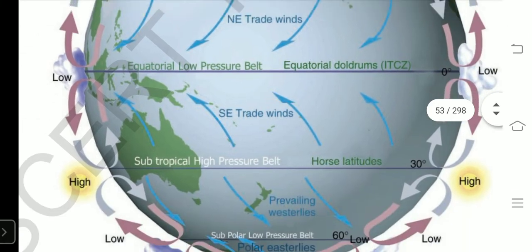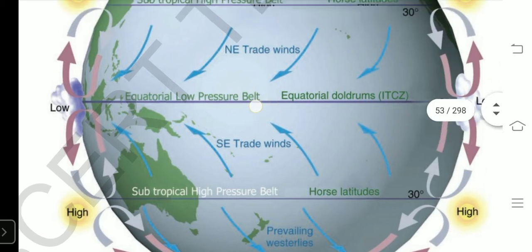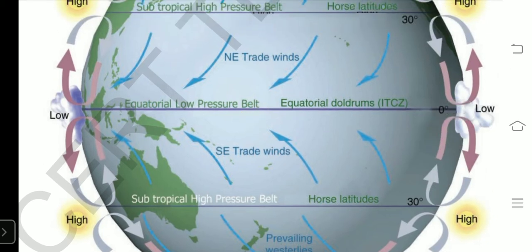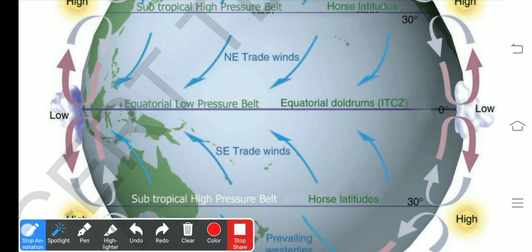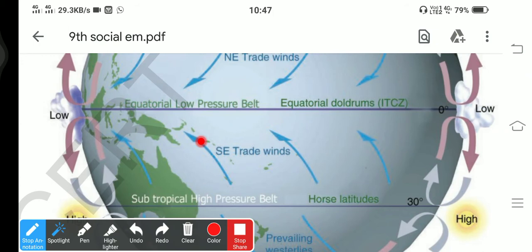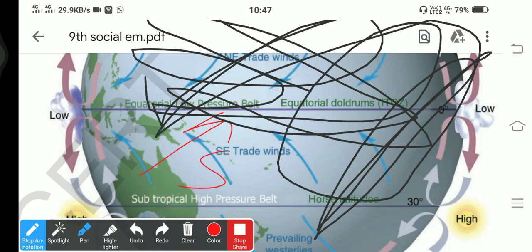Understand? So when it becomes winter, these winds will reverse. That is, they blow as northeast trade winds after crossing the equator. Let me show you, right? Here it passes in the southwest direction, dear students, in the summer, right?